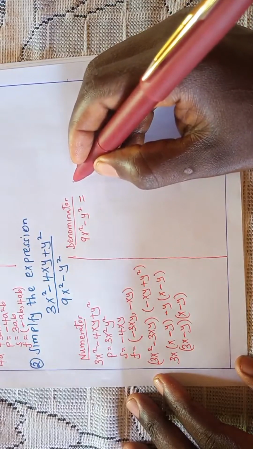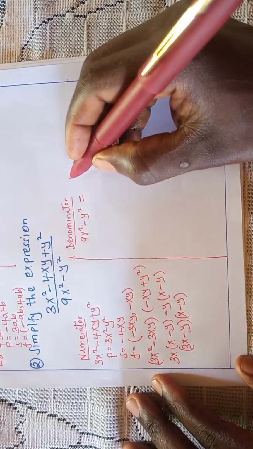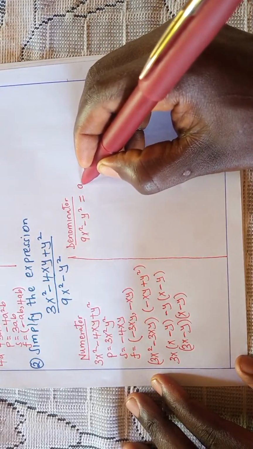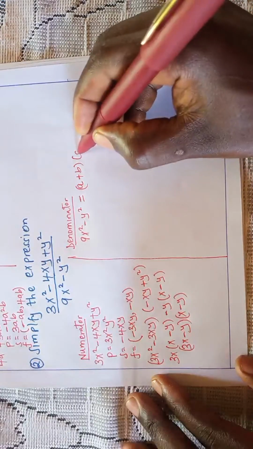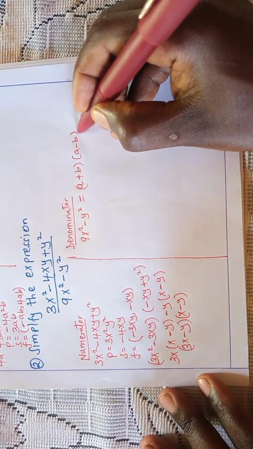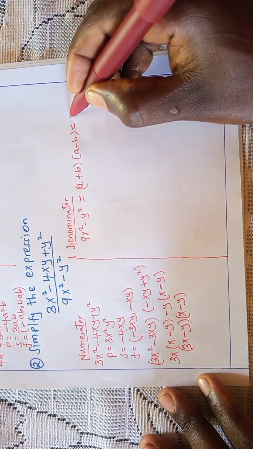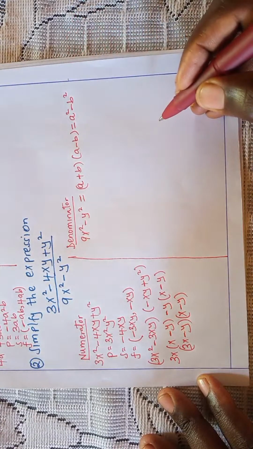I said that the three identities are going to be of great importance to us. I want you to remember the identity that says a plus b, when you multiply by a minus b, you'll surely get something which is a squared minus b squared, the difference of two squares.